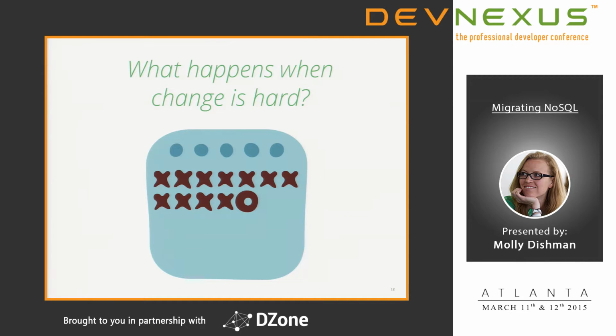So what happens when change is hard? Well, this is one example: you do it less frequently. So this is a calendar, and I did some research, and I've never actually had to do this, but you do a migration at the end of a sprint or on a weekend. You do it very infrequently because it's painful and it's hard, and you don't want to do that often.